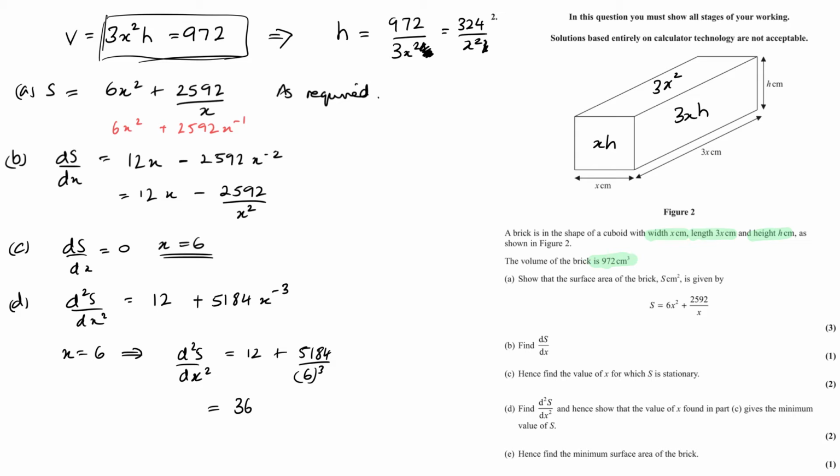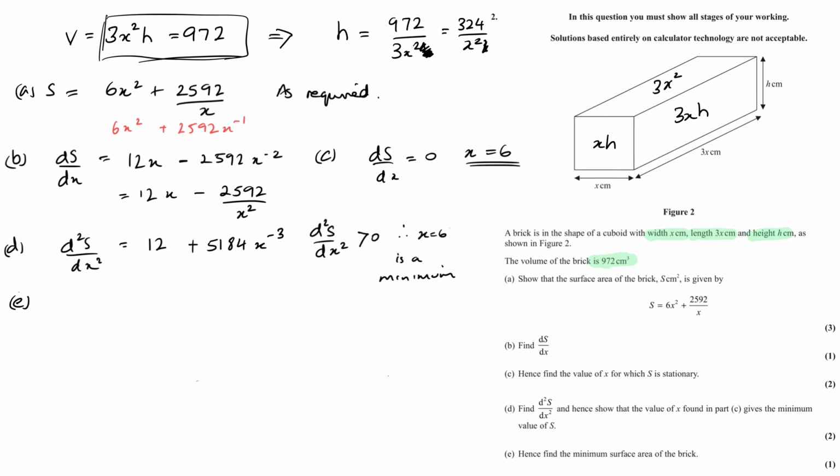But you don't need to actually work this value out because it's quite obvious. You've got 12 plus a positive number. You could jump straight to writing that d2s by dx squared is greater than 0. Therefore x equals 6 is a minimum. Okay, so just remember that.